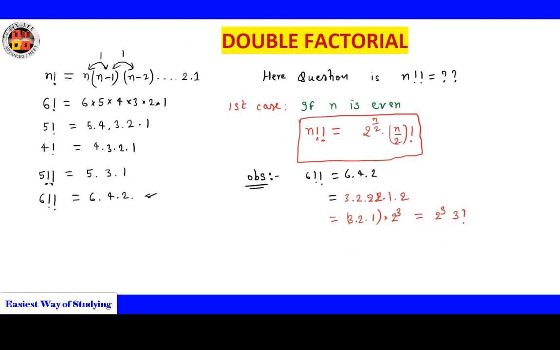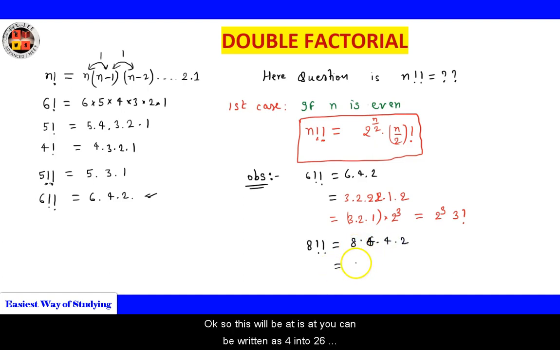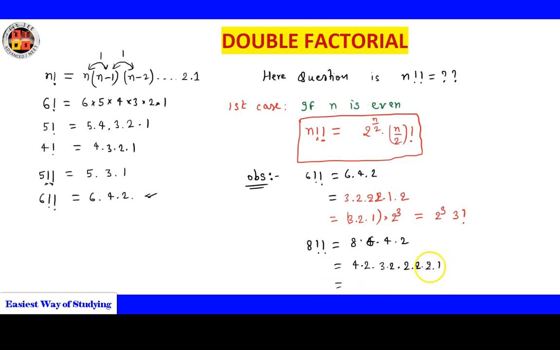Now, what will be the value of 8 double factorial? That will be 8 into 6 into 4 into 2. 8 can be written as 4 into 2, 6 as 3 into 2, 4 as 2 into 2, and 2 as 1 into 2.